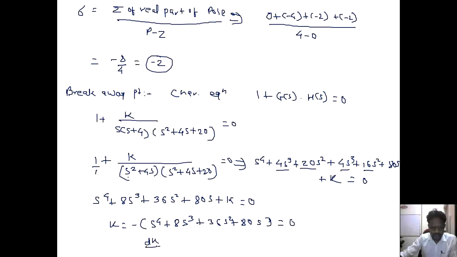So dk by ds equal to 0 simply. Just derive it. Derivative of s raised to 4 is 4s cube plus 8 into 3, 24 s square plus 36 into 2, that is 72 s plus 80 equal to 0.